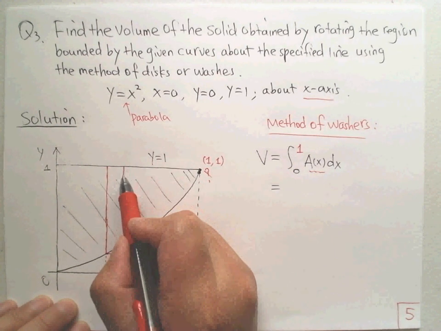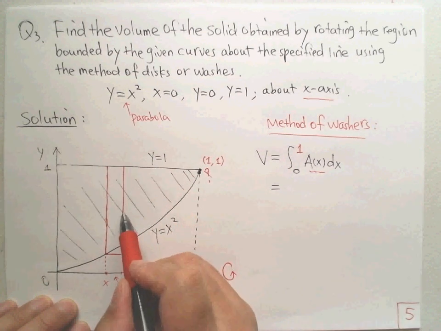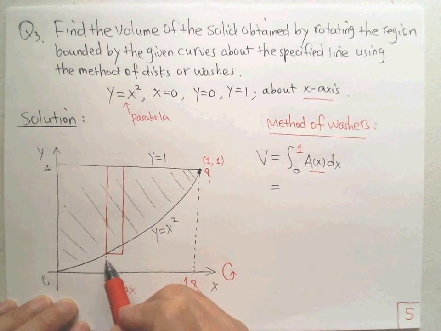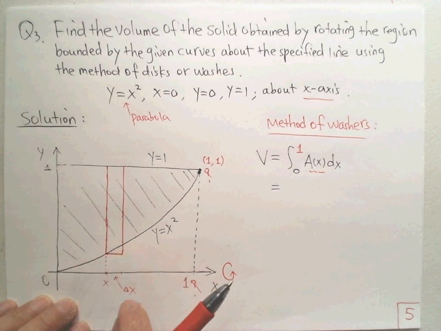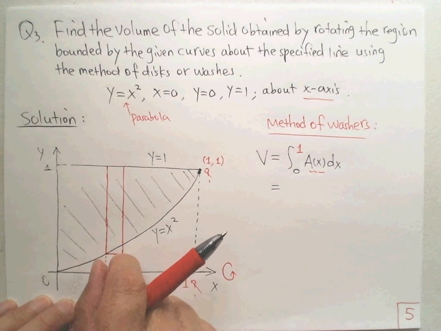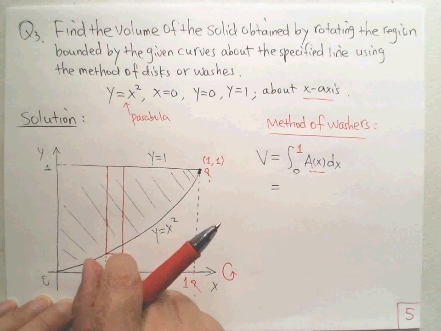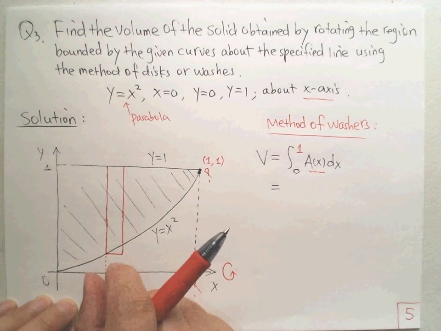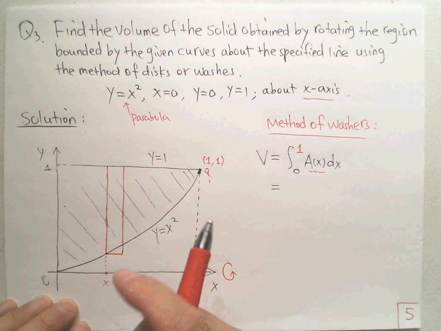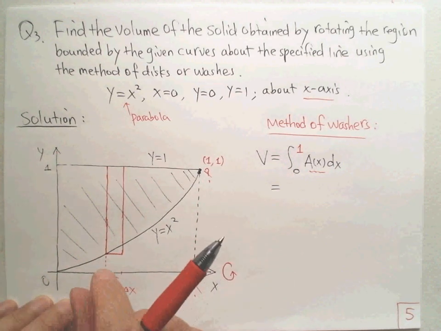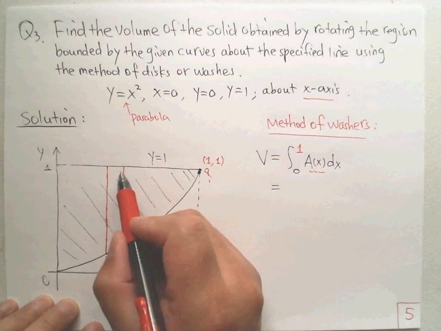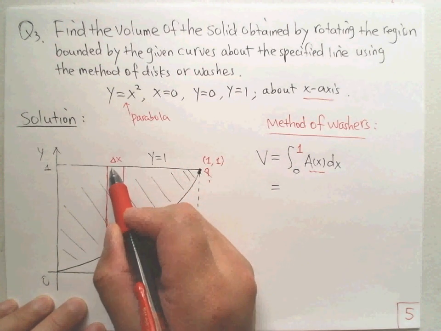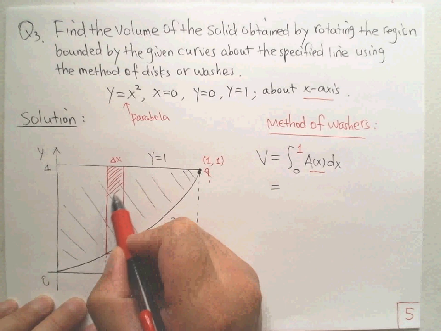This is inside the region, and then we draw a box or rectangle. Why? Because the disk is very thin. Don't worry, the thickness approaches zero, positive zero, which means infinitely small. It's very thin.